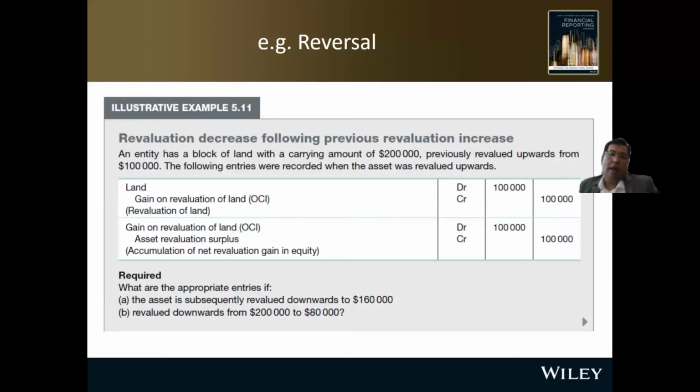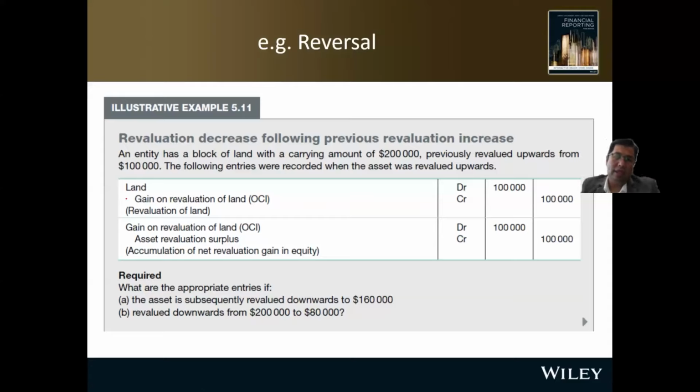Okay. An entity has a block of land with a carrying amount of 200,000, previously revalued outward from 100,000. The following entry were recorded when the asset was revalued outwards. So debit land, credit gain on revaluation of land.